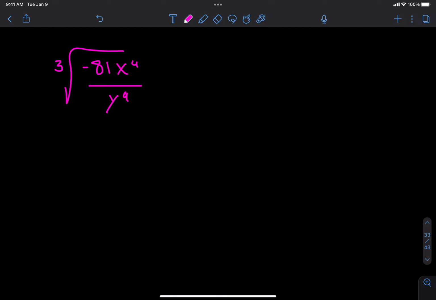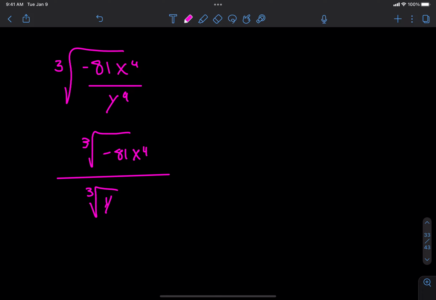So the first thing that I'm going to do is recognize that this is a cube root of a fraction, okay? The cube root of a fraction is always equal to the cube root of the top divided by the cube root of the bottom. Now, I can rewrite the bottom immediately as what?